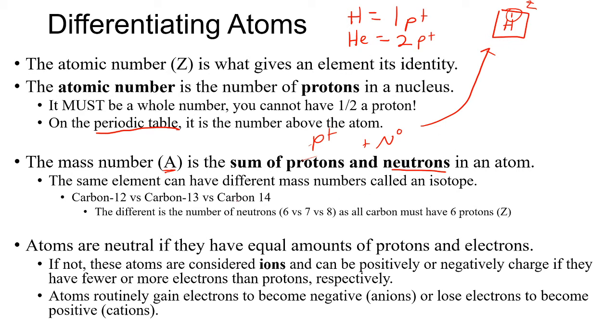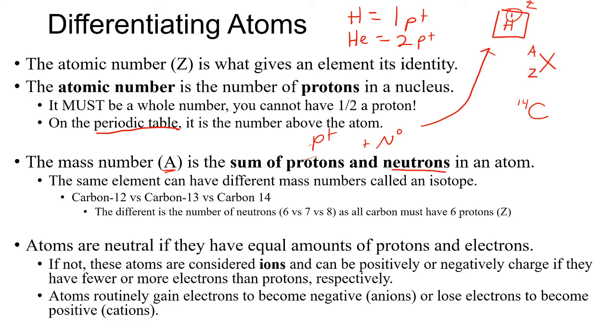Now, you might see carbon-14 represented like this. You might see a C like this, and then you might see a number 14 here in the upper left-hand corner. So here's usually how you see isotope notation. Let's say X is the element, then you put your mass number on top, and you put your atomic number here on the bottom.